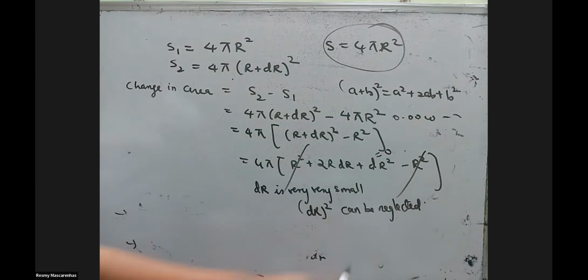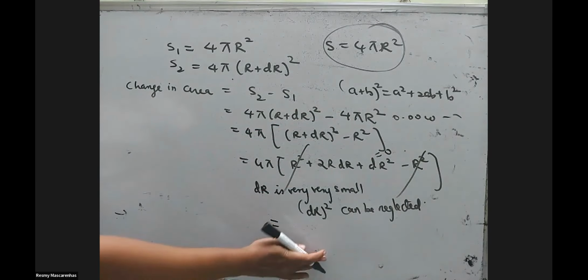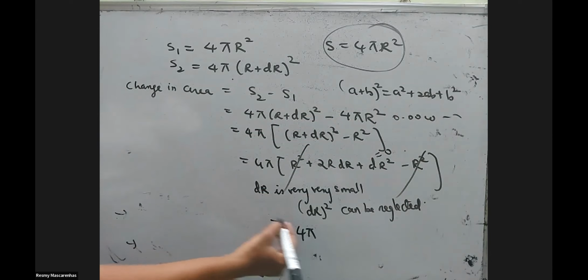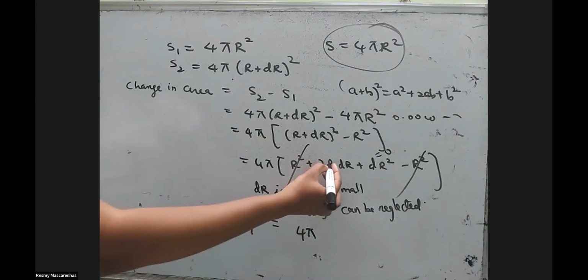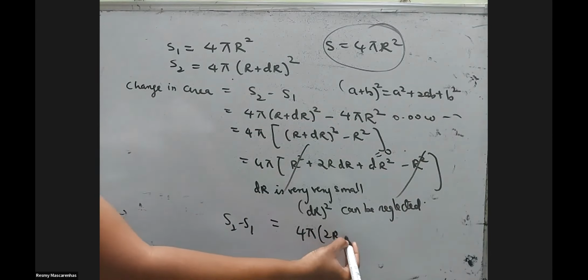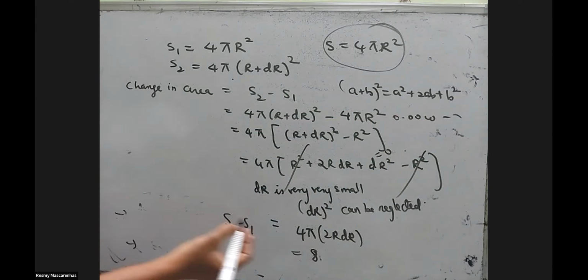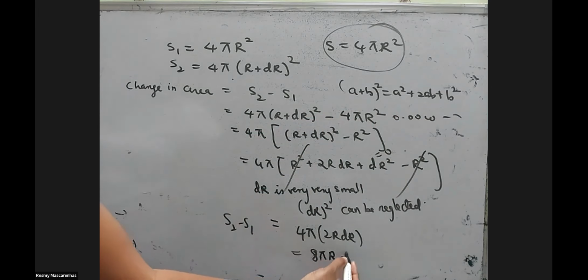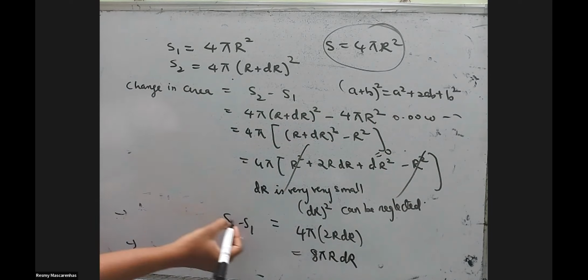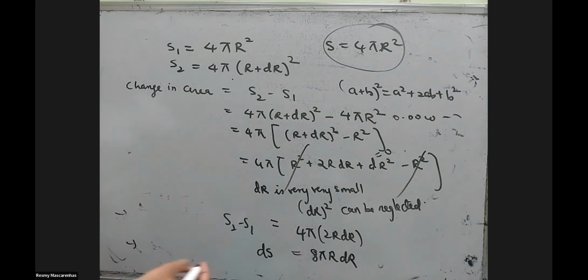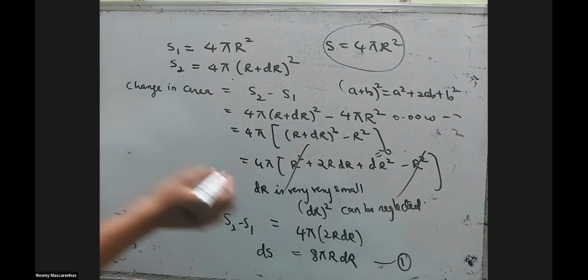This is assumed to be 0. So this will be 4 pi into 2r dr, which equals 8 pi r dr. The change in area is to be considered as dS. Mark it as equation 1.